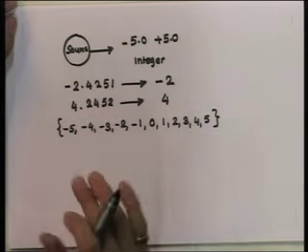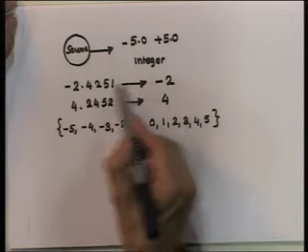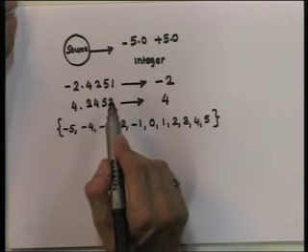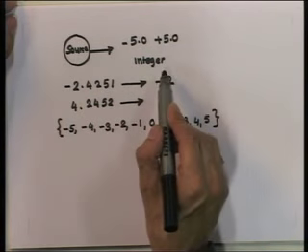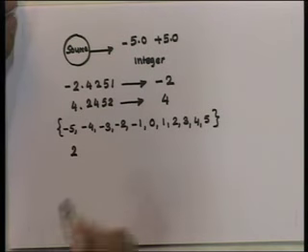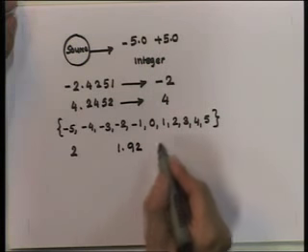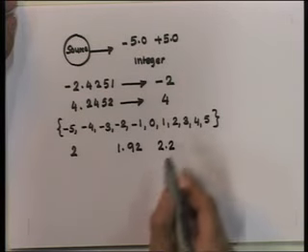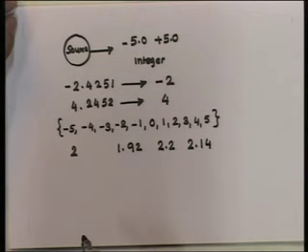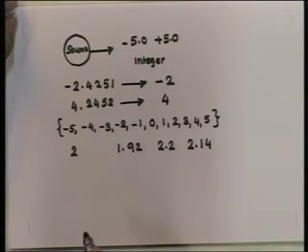At the same time, we have also forever lost the original value. If we are told that the reconstruction value is 2, we cannot tell whether the source output was 1.92 or 2.2 or 2.14 or any other of an infinite set of values.